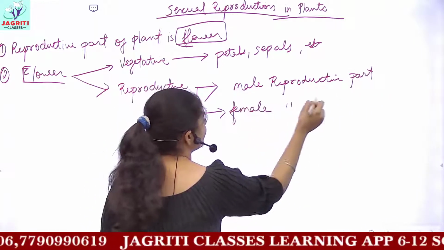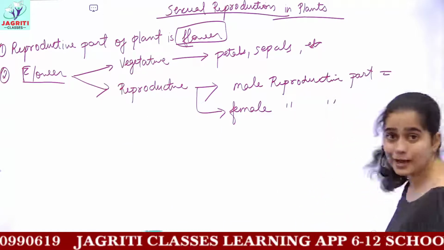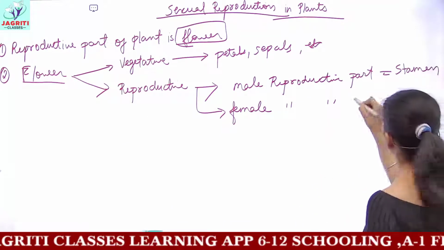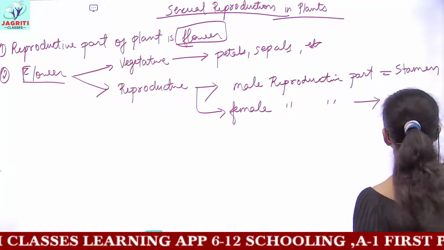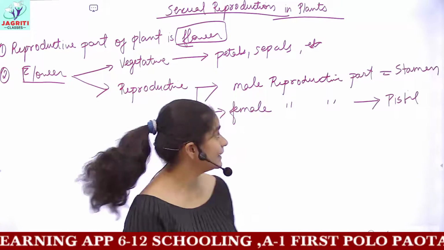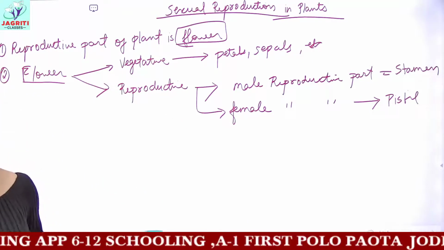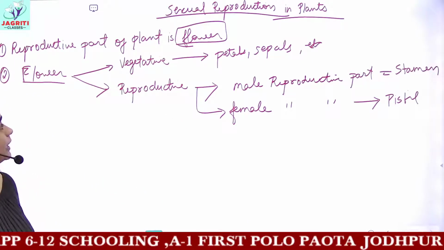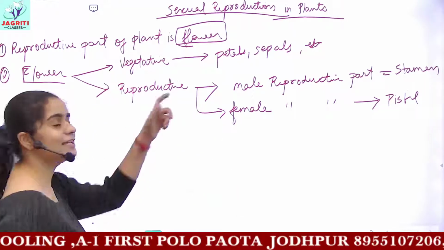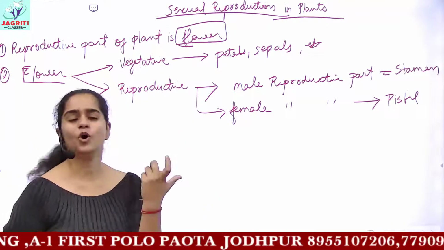The male reproductive part of the flower is known as the stamen and the female reproductive part is known as the pistil. So these are the different parts present in the flower. In the flower you have the vegetative part, that is your petals and sepals. We will be discussing each part in detail and some of their functions.